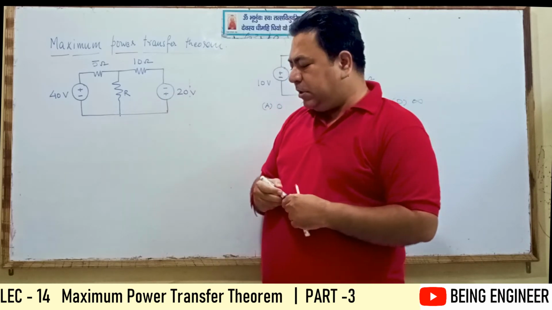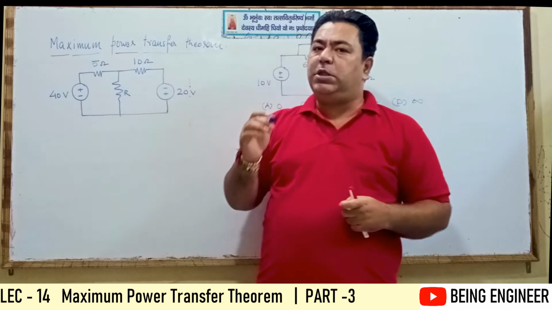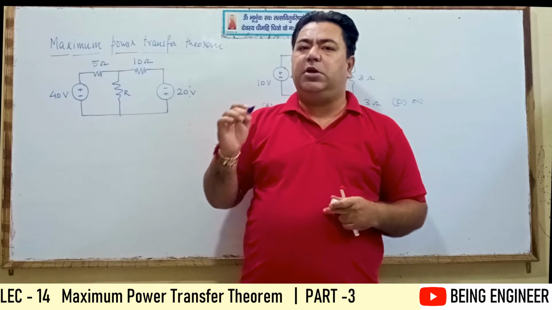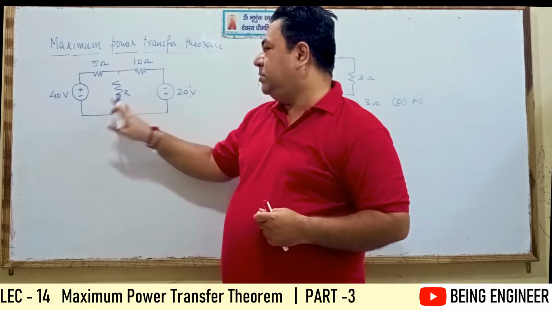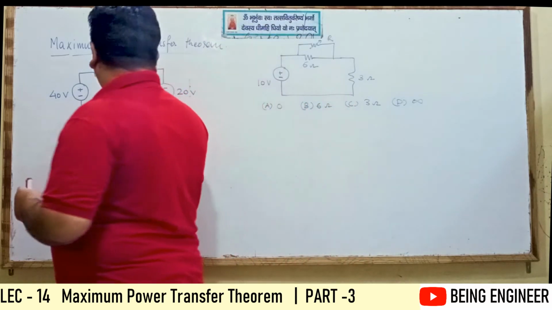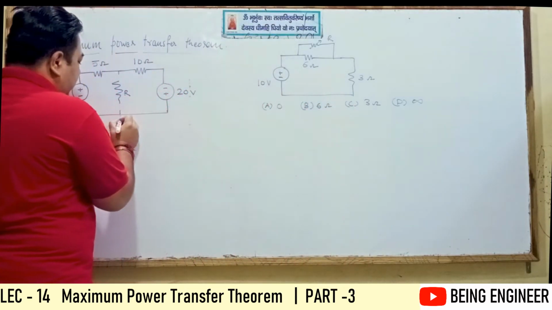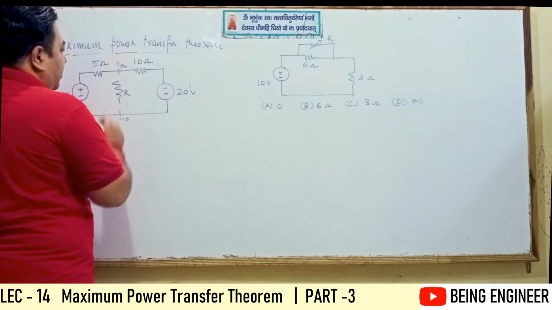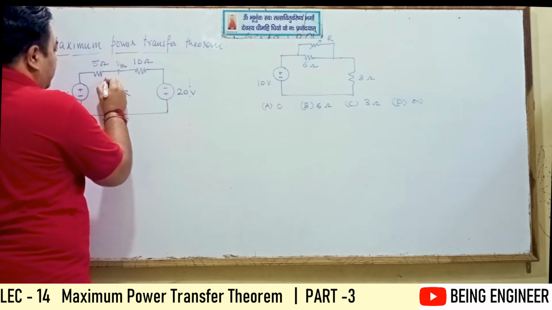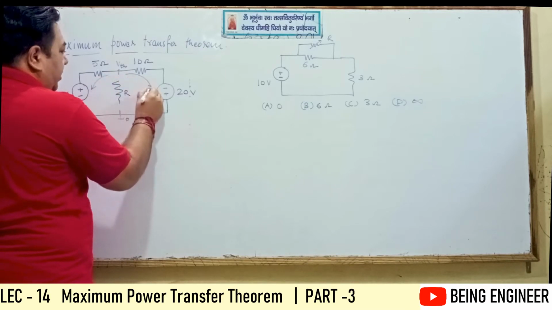Firstly, we have to find the Thevenin equivalent voltage, or open circuit voltage, by open circuiting this load resistor. As I open circuit this load resistor, this is ground and the voltage here is nothing but VTH. I can apply nodal analysis here, one current this way, one current that way.